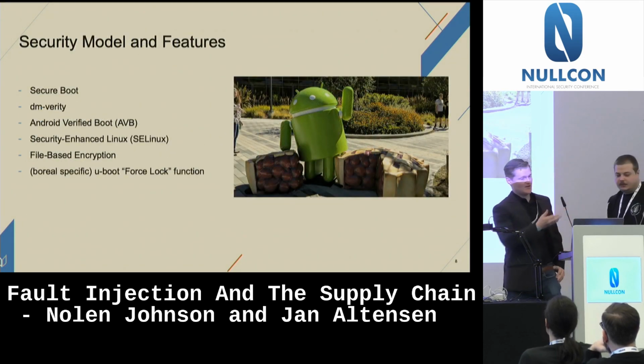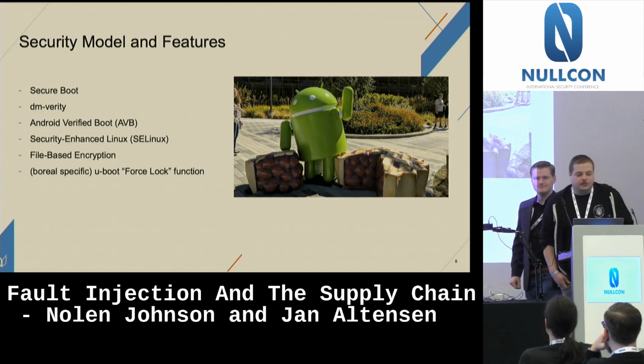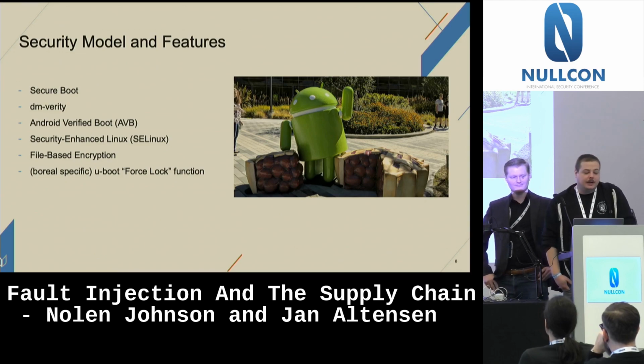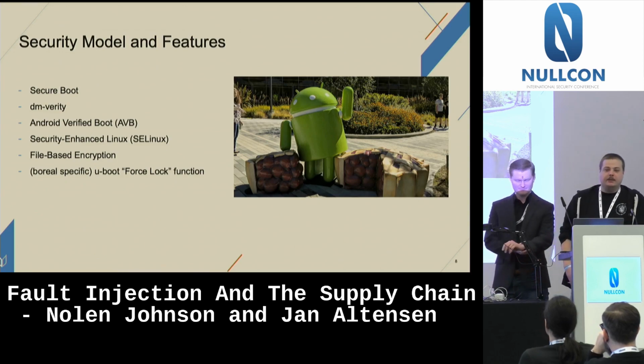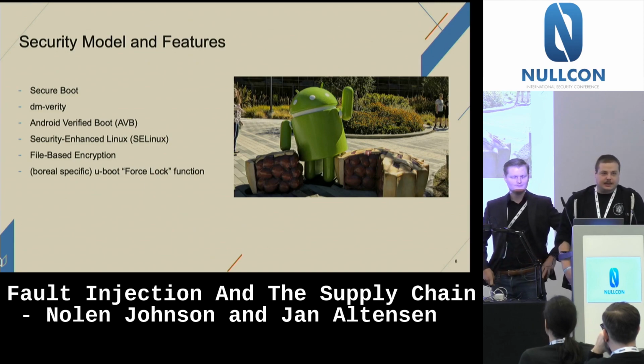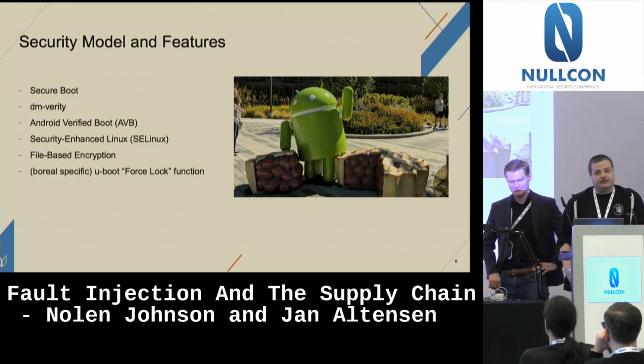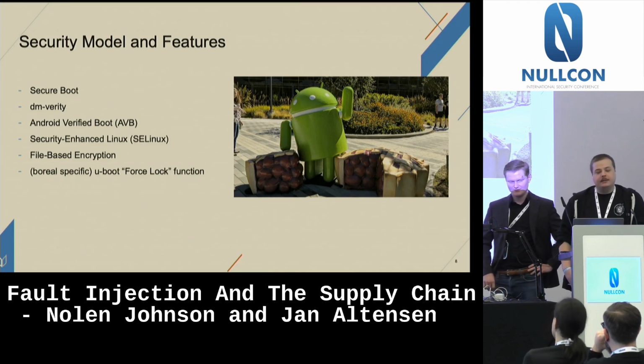So I'll let Jan talk about the security model of Android. On Android, you start with secure boot, which ensures cryptographically signed code execution up to the bootloader. Afterwards, you have Android Verified Boot, which ensures that all critical partitions are, again, cryptographically signed and verified. Afterwards, you have dm-verity, which is a kernel feature, again, for integrity checks.